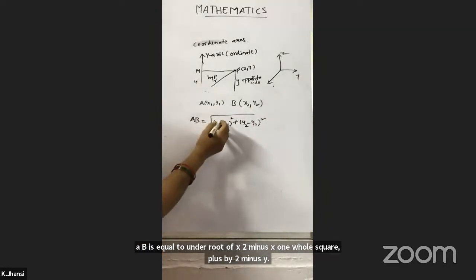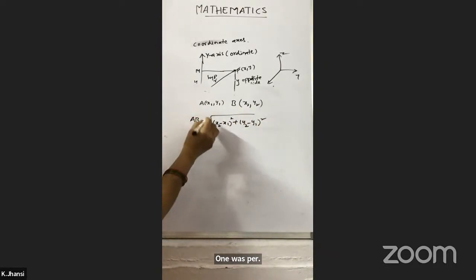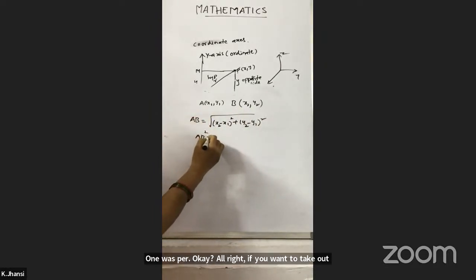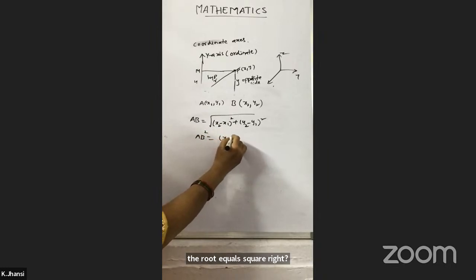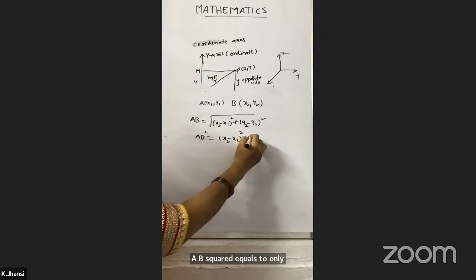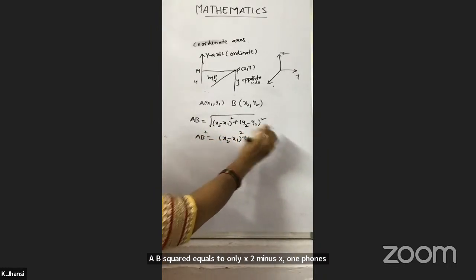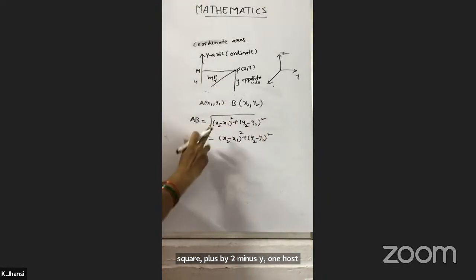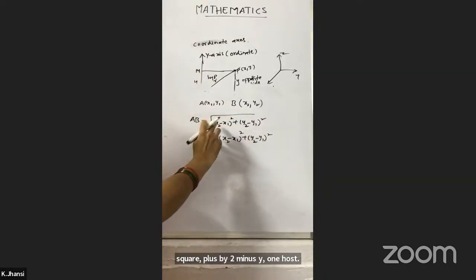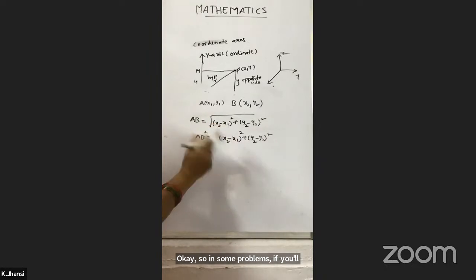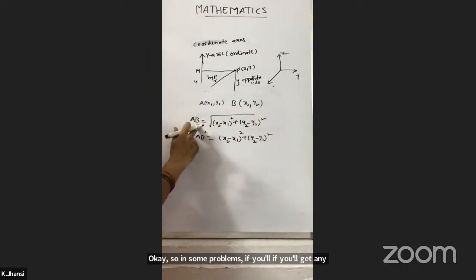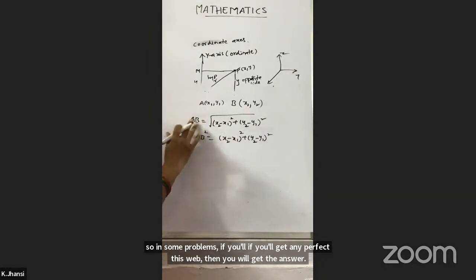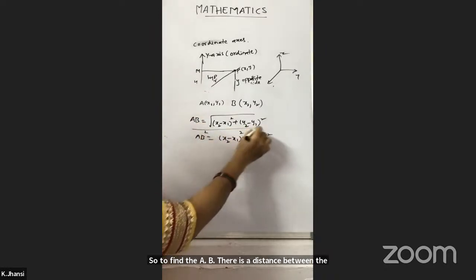Or else, if you want to remove the root, you can square it: AB square equals (x2 minus x1) whole square plus (y2 minus y1) whole square. In some problems, if you get a perfect square, then you will get the answer. So to find AB, the distance between the 2 points, generally we use this formula.